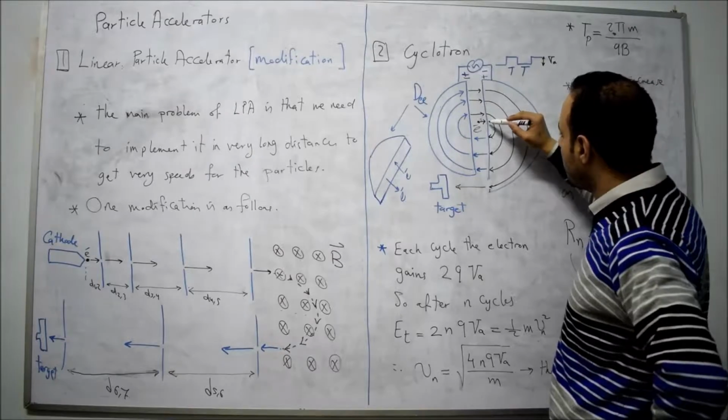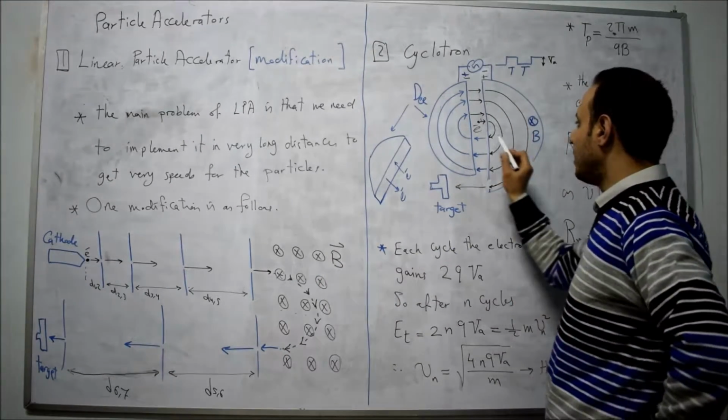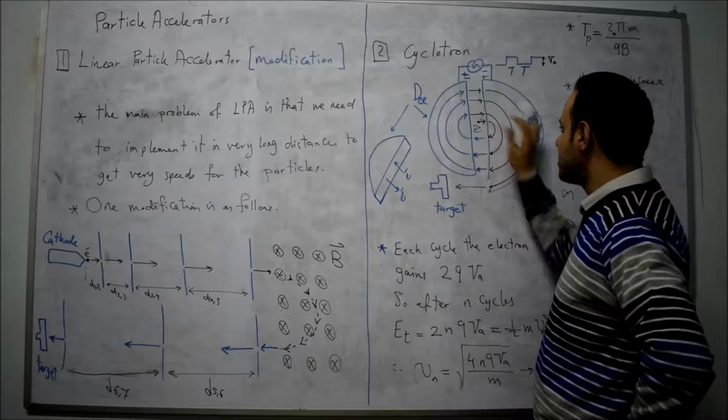So the electron will move in a circle, just like this, until it gets from this point out of this D.